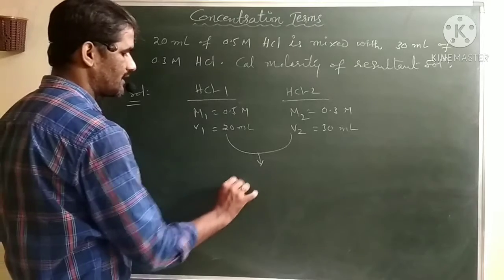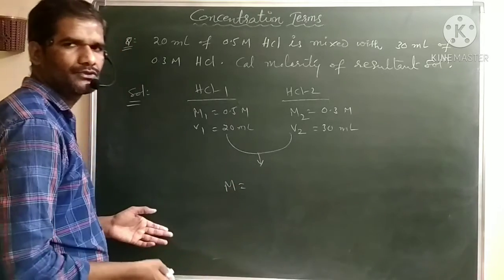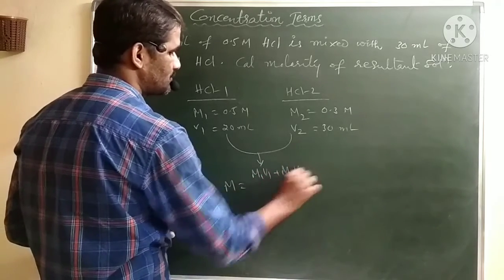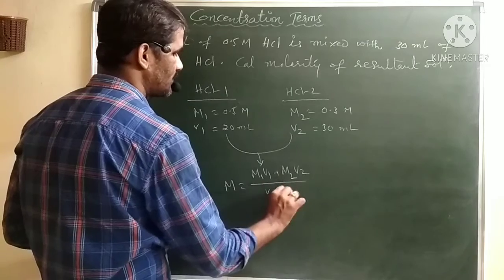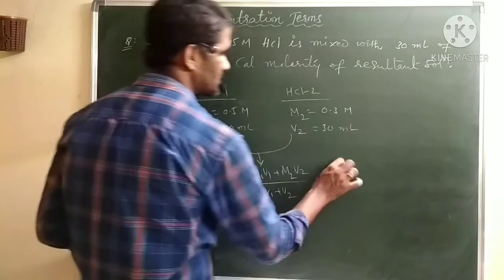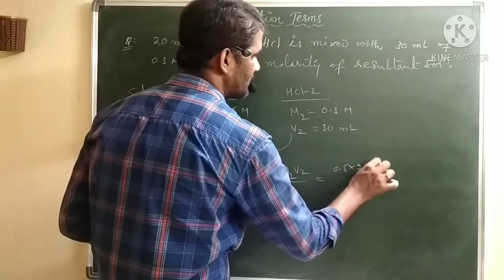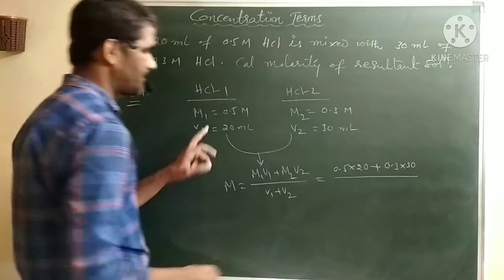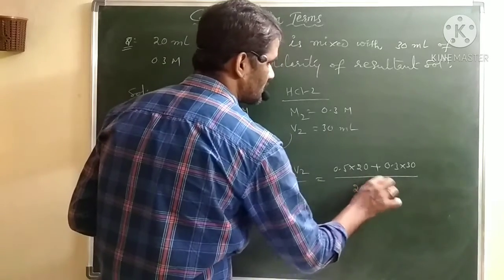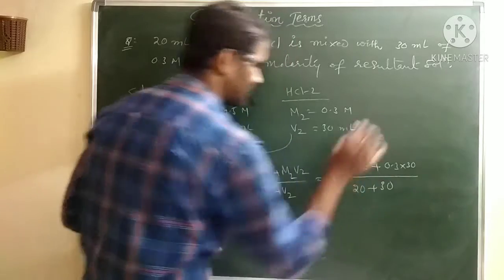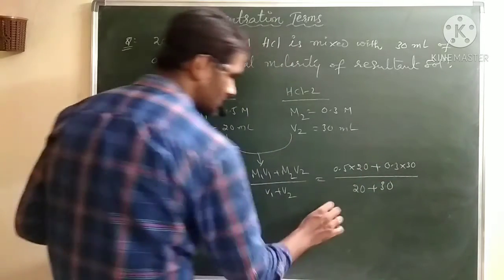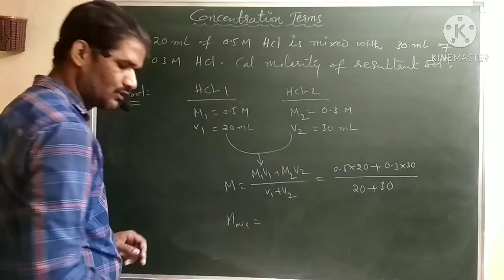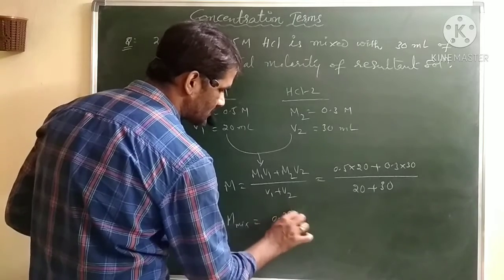Then the resultant molarity is M1V1 plus M2V2 by V1 plus V2, that is 0.5 into 20 plus 0.3 into 30 by 20 plus 30. That gives the molarity of the mixture, or resultant solution, as 0.38 molar.